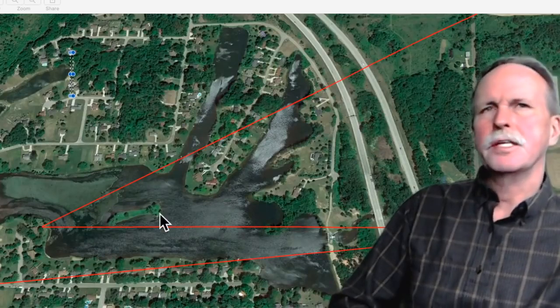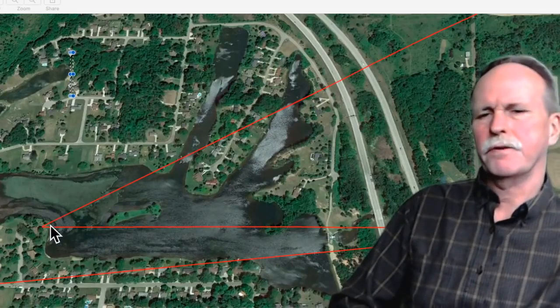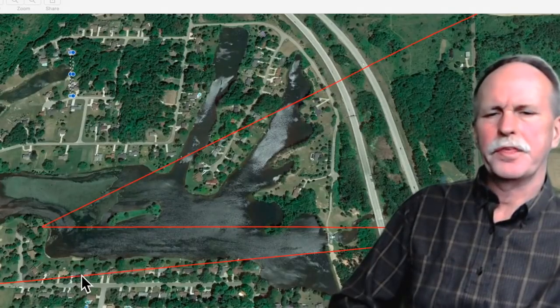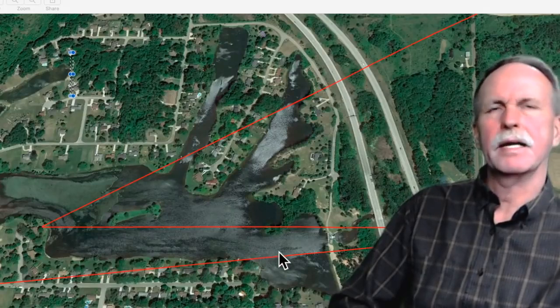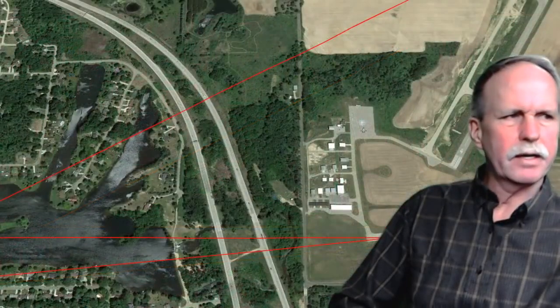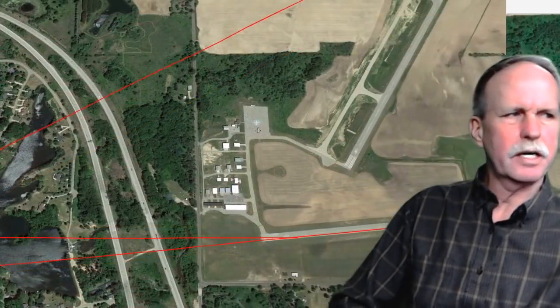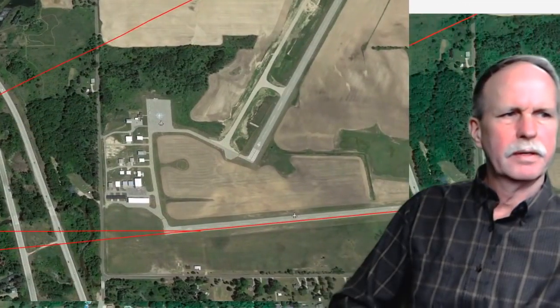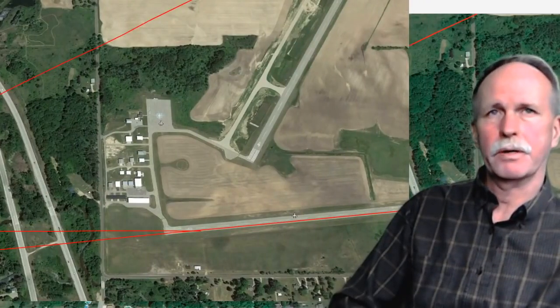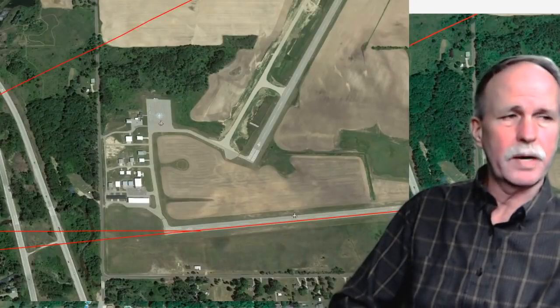Now, how do we know that these cardinal directions are correct? First of all, I measured them from Google Earth. Second of all, this line right here is a magnetic east-west line, and we can confirm that by moving out into this area and seeing that there's an airport there. This is runway 9/27, which is an east-west runway set up according to magnetic east and west.